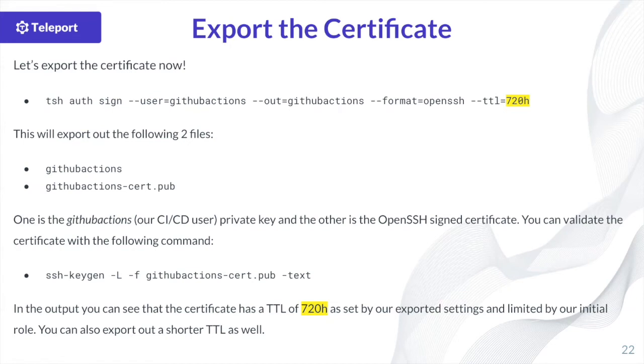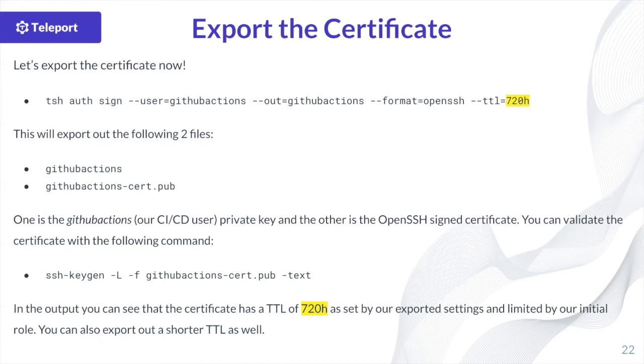It's going to export out two files, a GitHub Actions file and then a certificate. And these are actually part of the OpenSSH protocol. So if you look up OpenSSH and you're dealing with OpenSSH signed certificates, you'll be able to see that these two are pieces of it. One's the private key, one is the signed certificate. In fact, you can even validate that with just a tool called ssh-keygen, which is part of any Linux or Mac operating system.